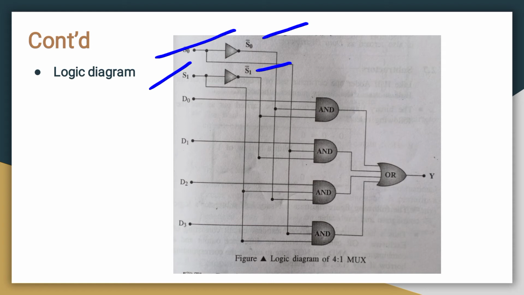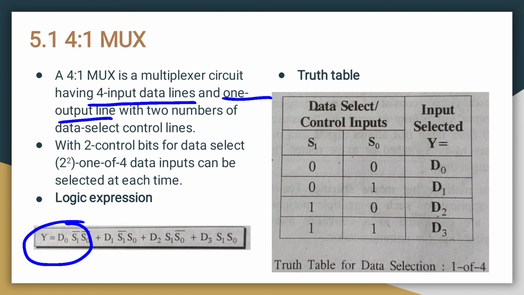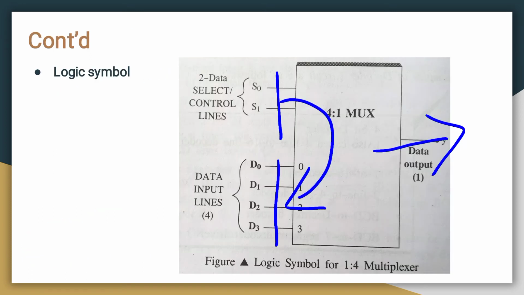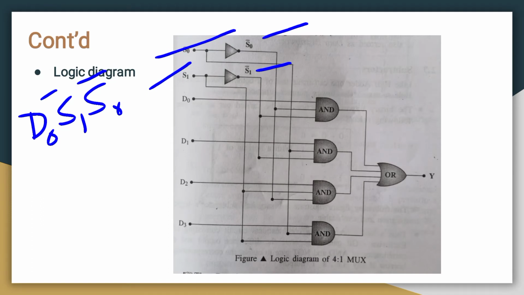Next we take D0, S1 and S0, where depending on the expression it is D0 S1 bar S0 bar. So here it is the bar. For the first AND gate, I take D0, then S1 bar, then S0 bar.